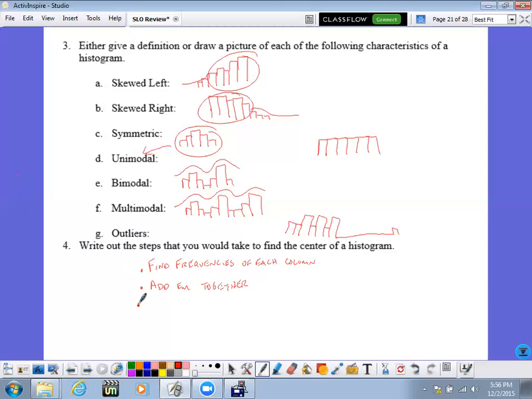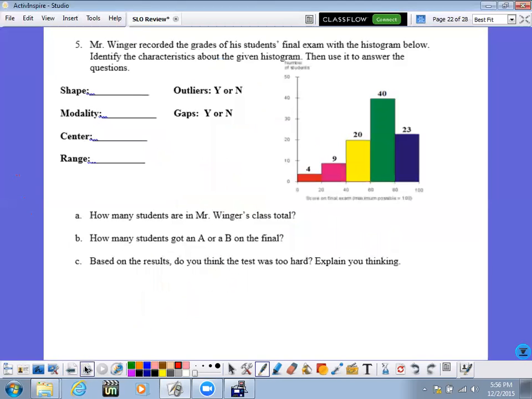After we add them together, we're going to divide by 2. That's our middle value. Find that value. And you're going to see us actually put that to practice here in a second.